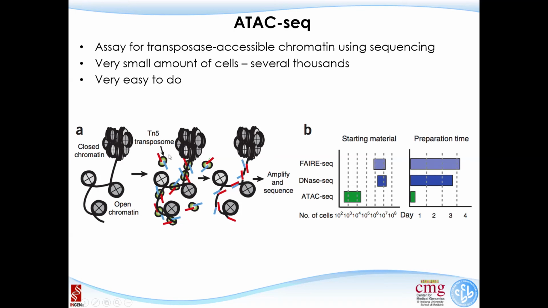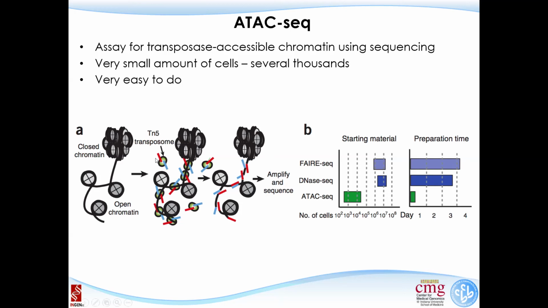The way this assay works is they use an enzyme called Tn5, the Tn5 transposase. This is the kind of enzyme that viruses use a lot, and that is how a virus puts its DNA into our host DNA, right?